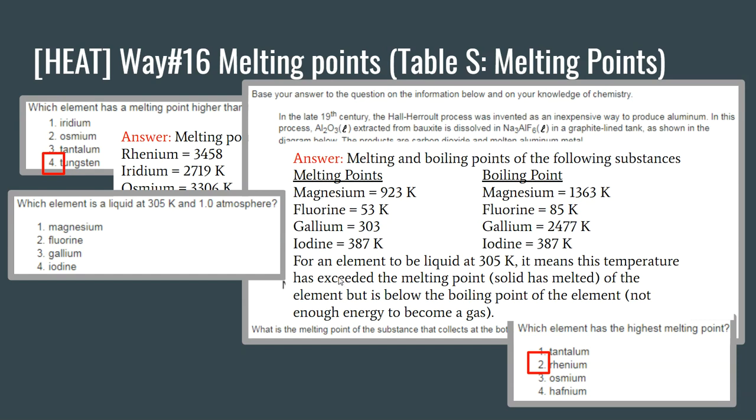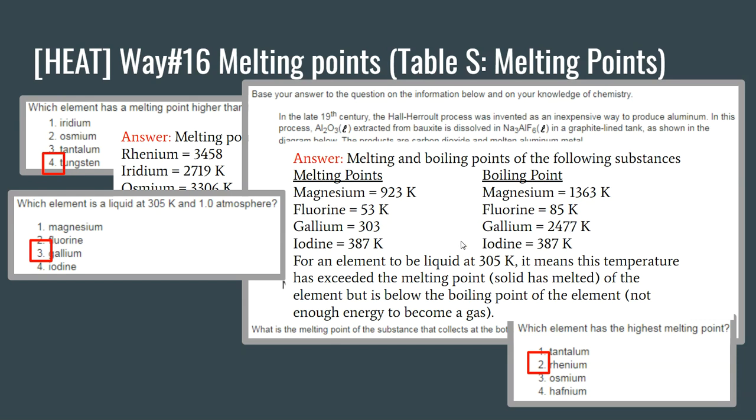And the only one that fits that criteria is gallium. At 305 Kelvin, gallium has already melted to a liquid, but it's way below the boiling point, so gallium has not quite become a gas.